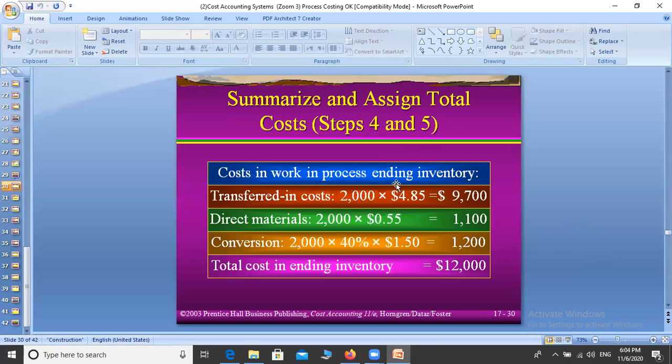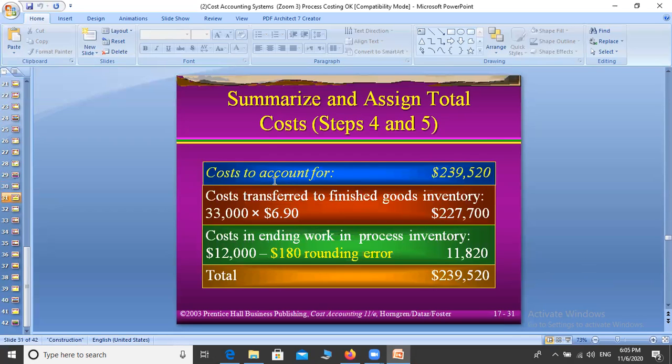Now, cost in work in process ending inventory: transferred in cost 2,000 times 4.85. Direct material 2,000 times 0.55. Conversion cost 2,000 times 40% to get 800, then times 1.5 gives 1,200. Total cost in ending inventory 12,000.